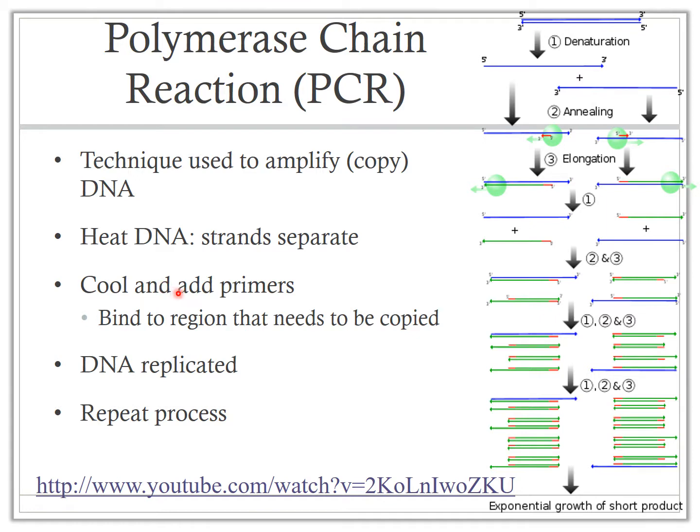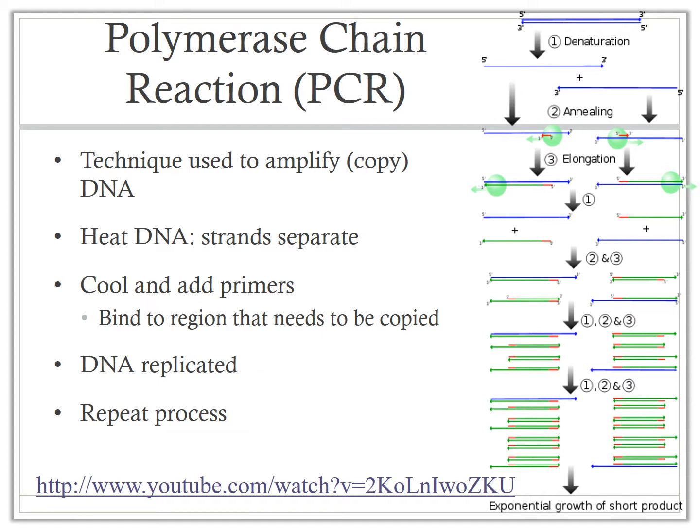Then you cool and add primers, just like the RNA primers that were seen in DNA replication. These primers are added to particular parts of the DNA, and then the nucleotides are added, and then you have enzymes to add these nucleotides, binding to regions and making copies. Then you have a DNA replicate.